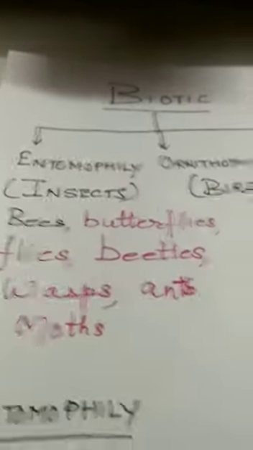So you can see bird pollination, that is ornithophily. And then you find that mostly the pollination is by insects.